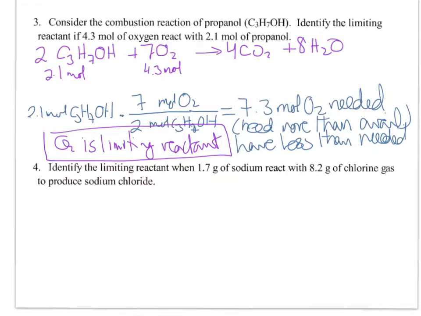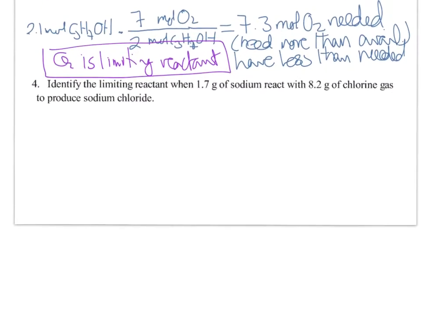Okay, let's try another one. It says, identify the limiting reactant when 1.7 grams of sodium react with 8.2 grams of chlorine gas to produce sodium chloride. Again, the first thing you would want to do is write out your reaction. So let's do that.